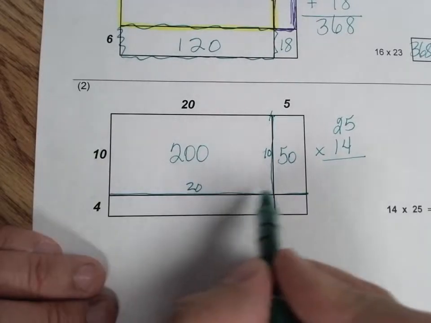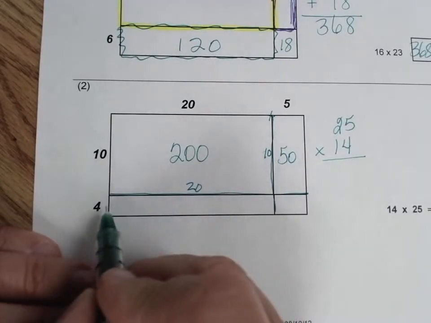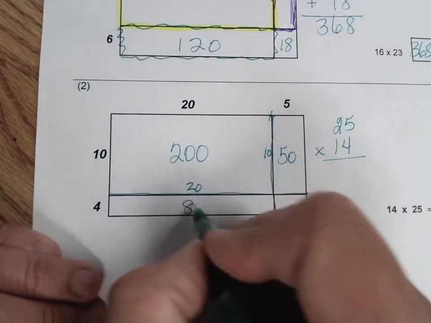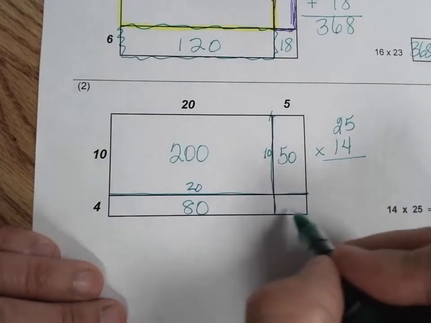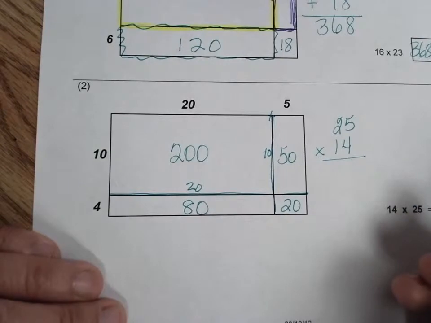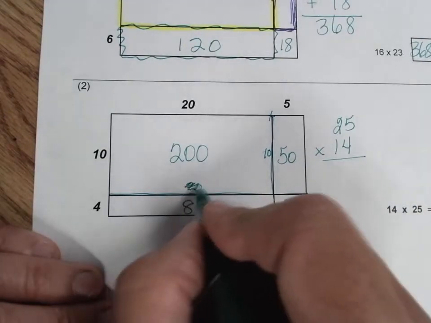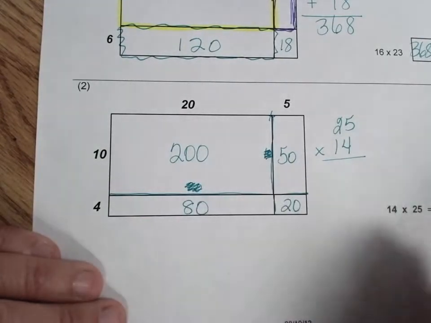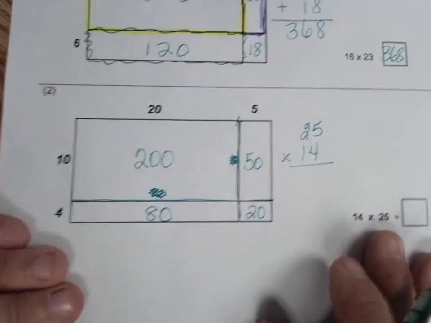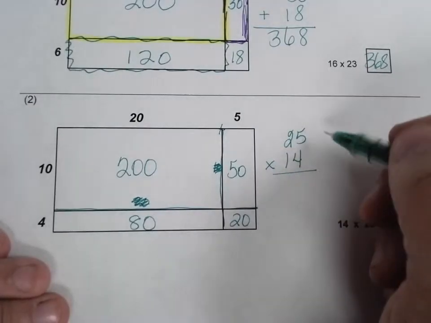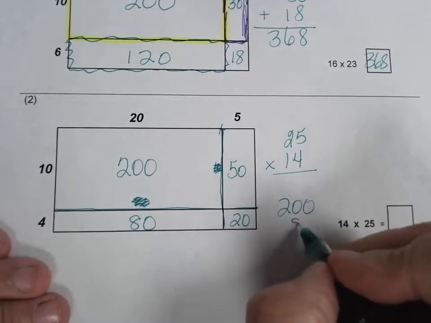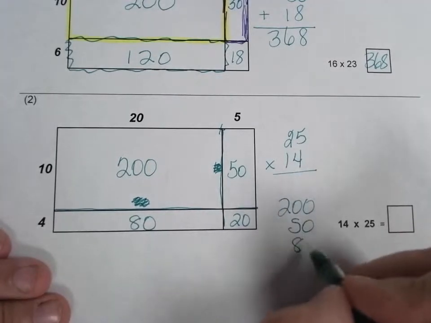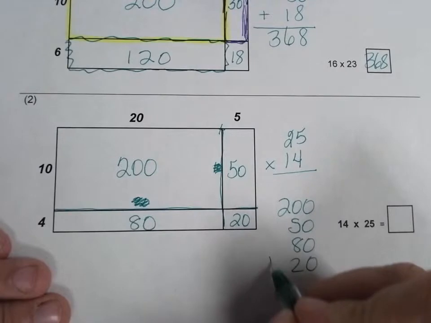Here the length on this rectangle would be 20. The width is 4, so that is 80. And the length here is 5, and the width is 4, so that is 20. Okay, and these are just our lengths and widths, so we don't add those in. So to find our total, we would add up 200, 50, 80, and 20.